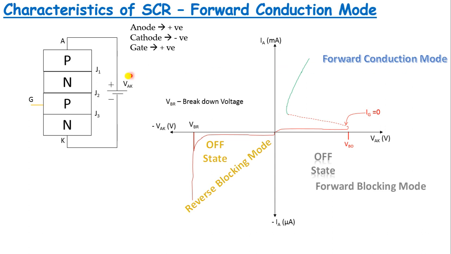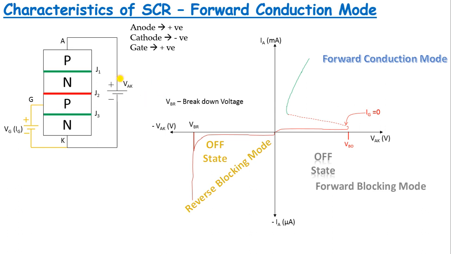In this forward conduction mode also, we need to connect the anode to positive and the cathode to negative terminal of the battery. Apart from this connection, we need to connect a positive supply voltage to the gate terminal of the SCR. So we connected here a positive potential to the gate of the SCR. So this is the connection to be established for this forward conduction mode.